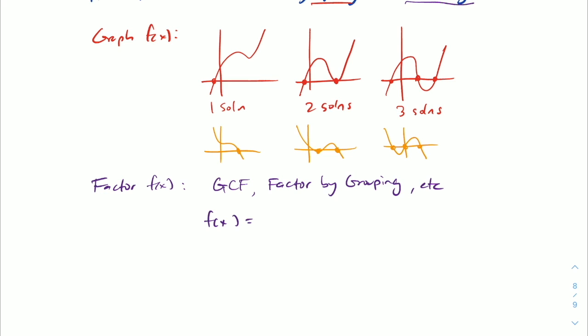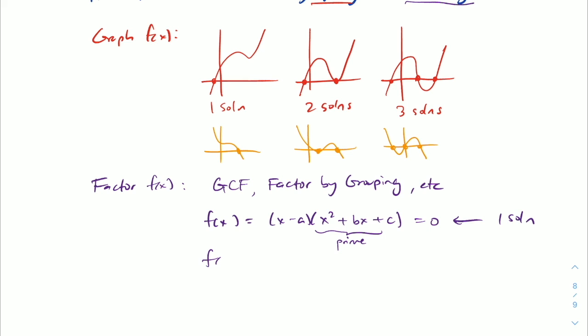We'll either have something that looks like this, where we have a quadratic that's unfactorable, a prime quadratic, times a linear factor. And this is going to have one solution. The quadratic's not going to produce any solutions, but the x minus a will produce one solution. So this is a one solution situation.